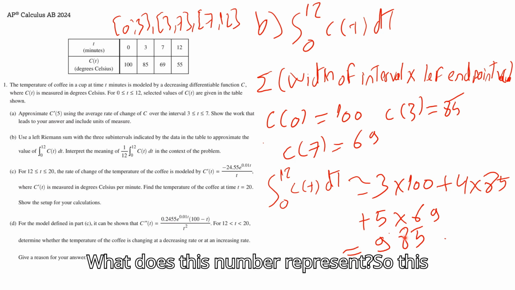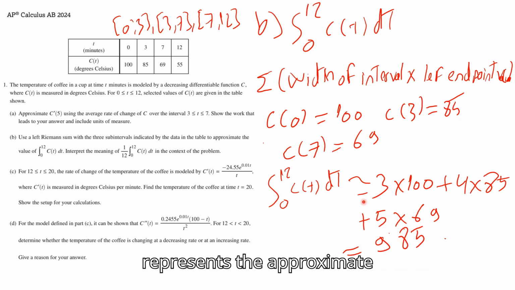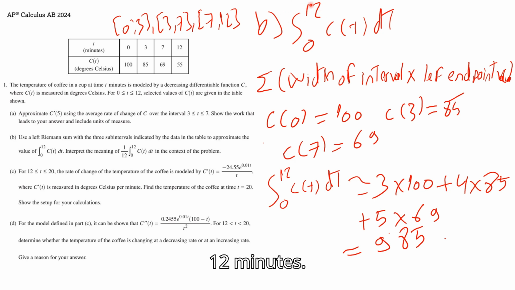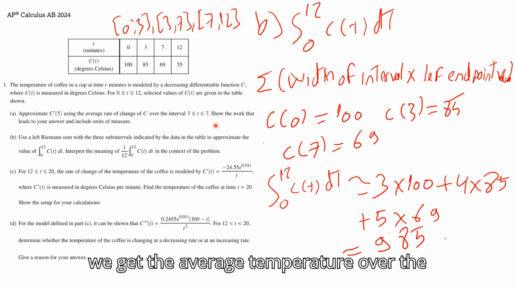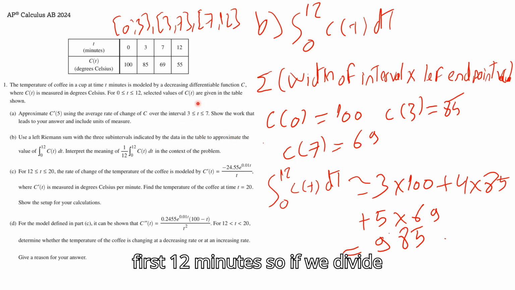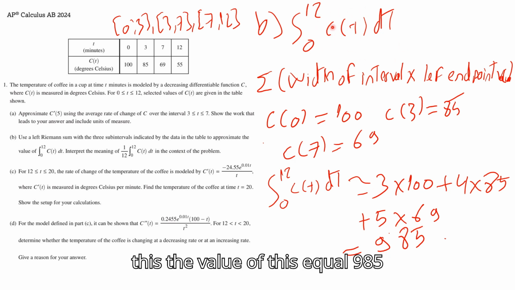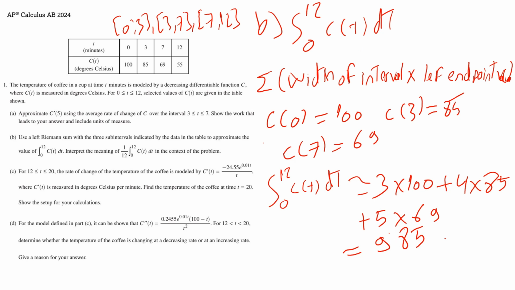This represents the approximate total temperature accumulation over 12 minutes. If we divide this by 12, we get the average temperature over the first 12 minutes.